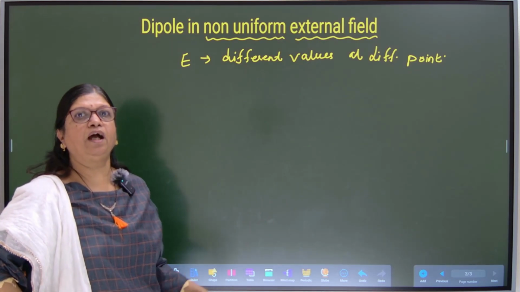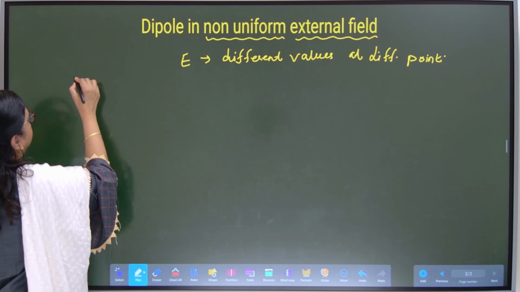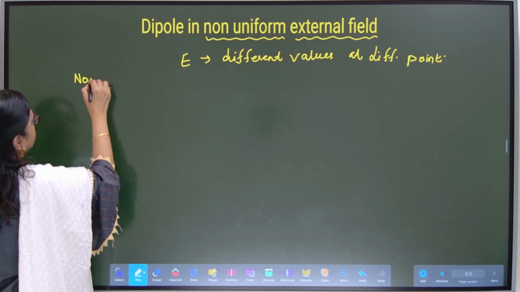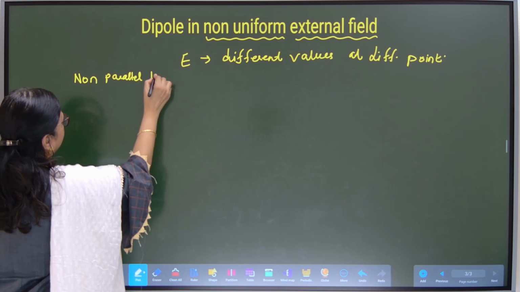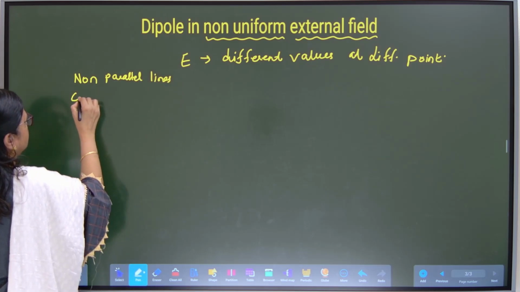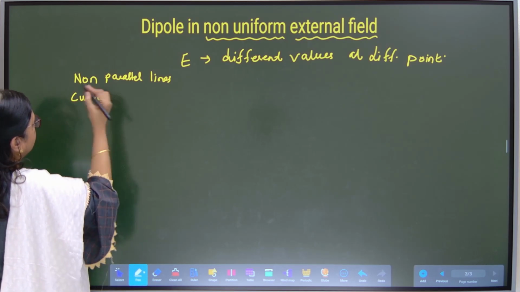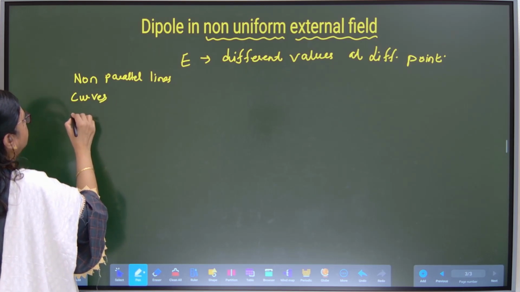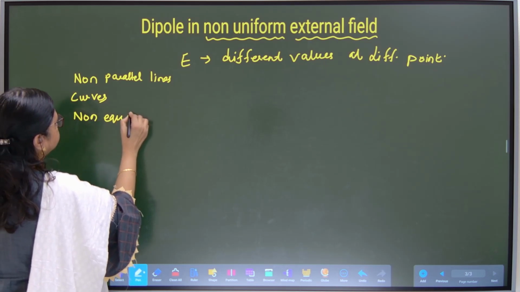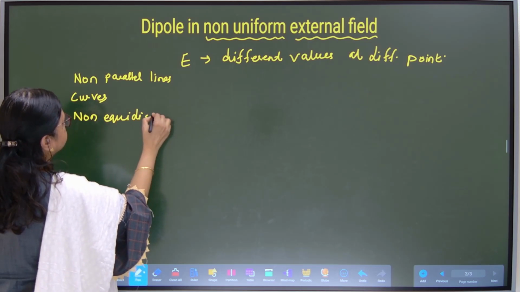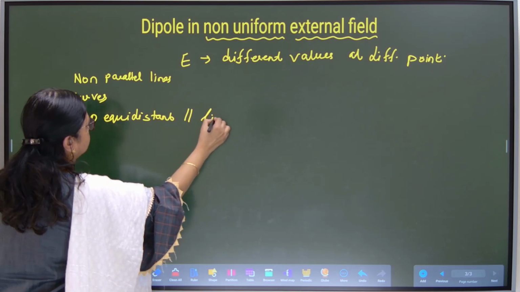Fine? Okay. How do I represent it? I represent it by non-parallel lines or curves, or even if I represent it by parallel lines, non-equidistant parallel lines.